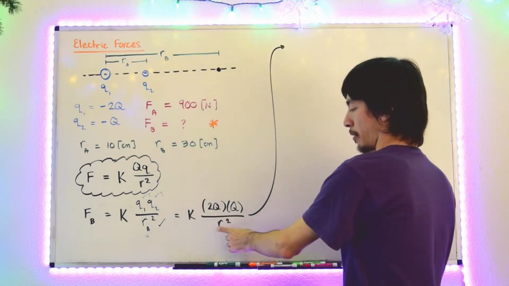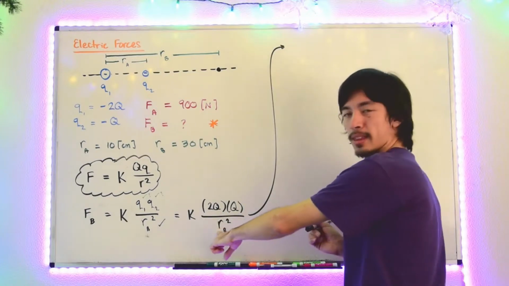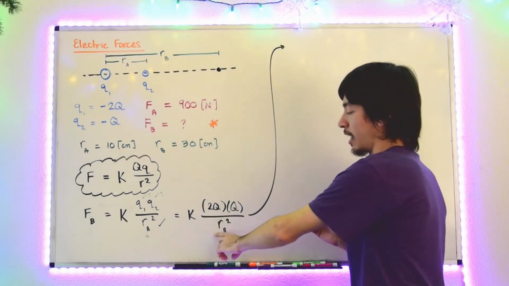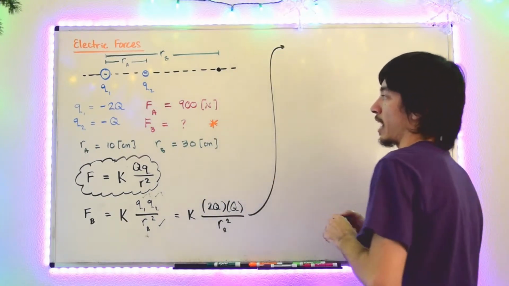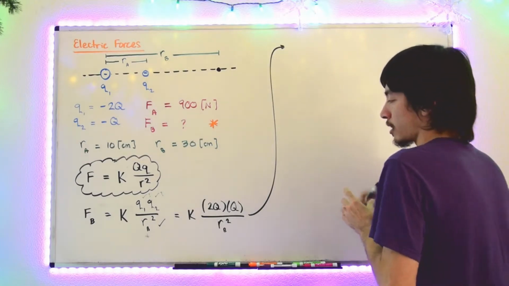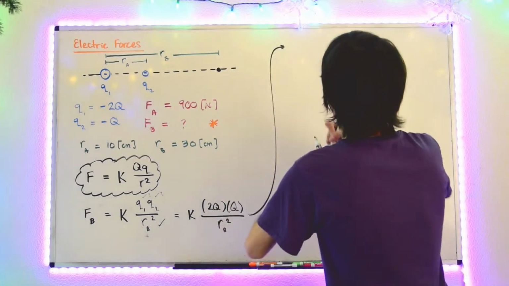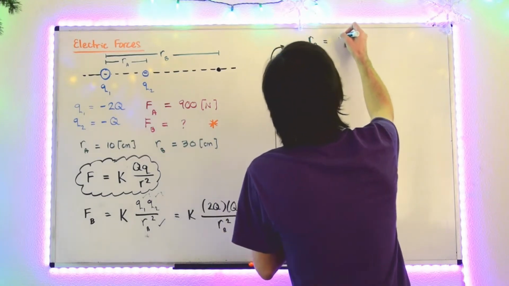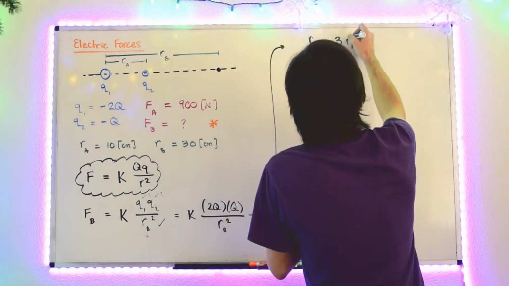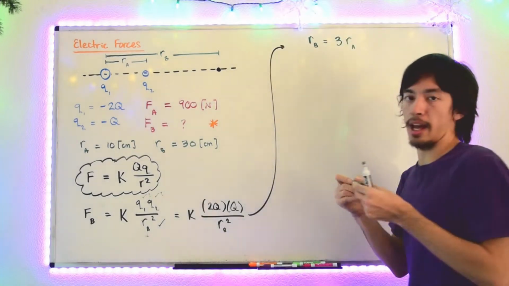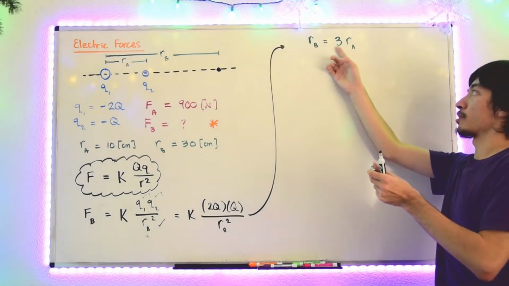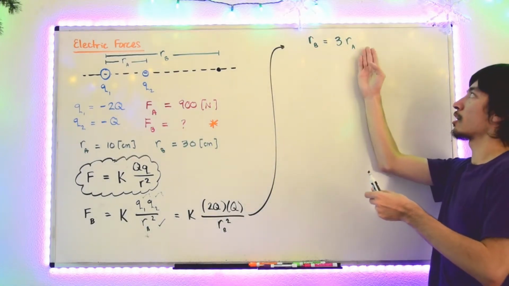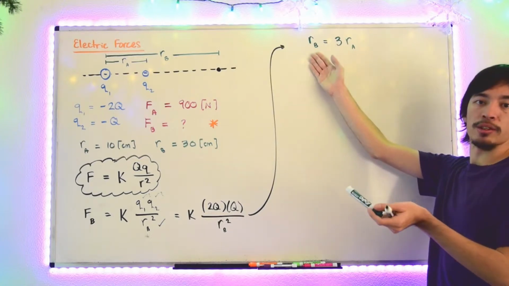What's going to be more important is that I write the distance in B as something in terms of A. We know the distance in B is 3 times the distance in A. In other words, RB equals 3 times RA, because RA was 10, RB is 30.